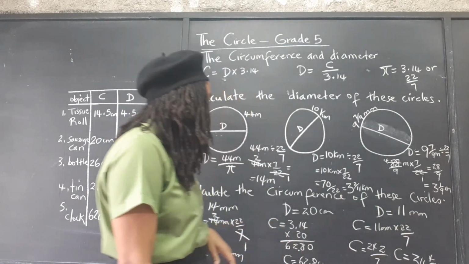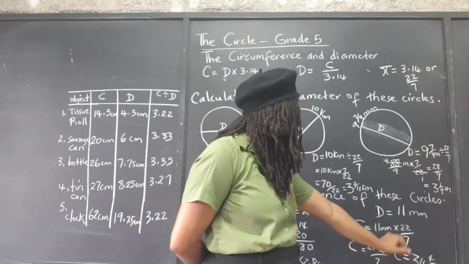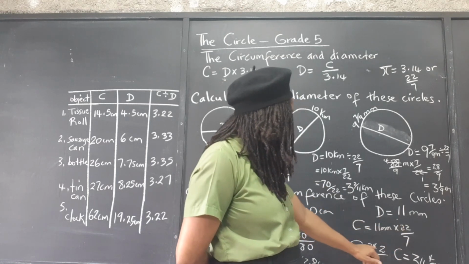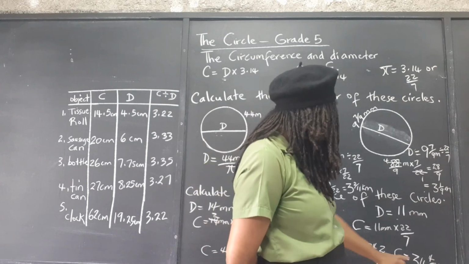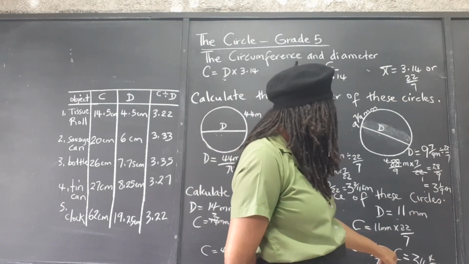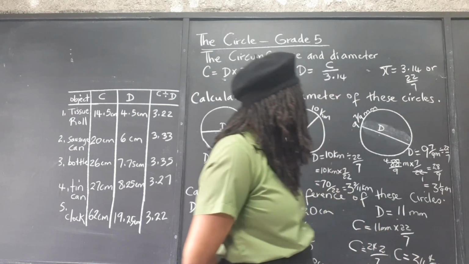Alright, so let's check that. 11 2s are 22, plus 2, 24, and we're dividing it by 7. 7 into 24 3 times, remainder 3. 7 into 32 4 times, remainder 4 over 7.